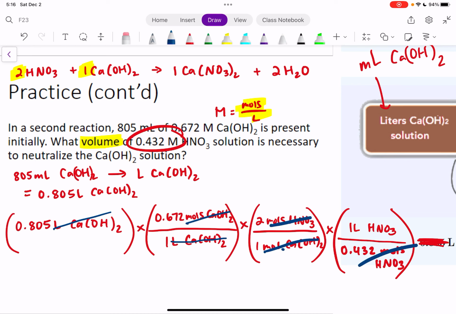Cancel out our moles of HNO3, and we're left with liters of nitric acid. I did all of this off camera, and it's 2.50 liters of HNO3 solution needed to neutralize.